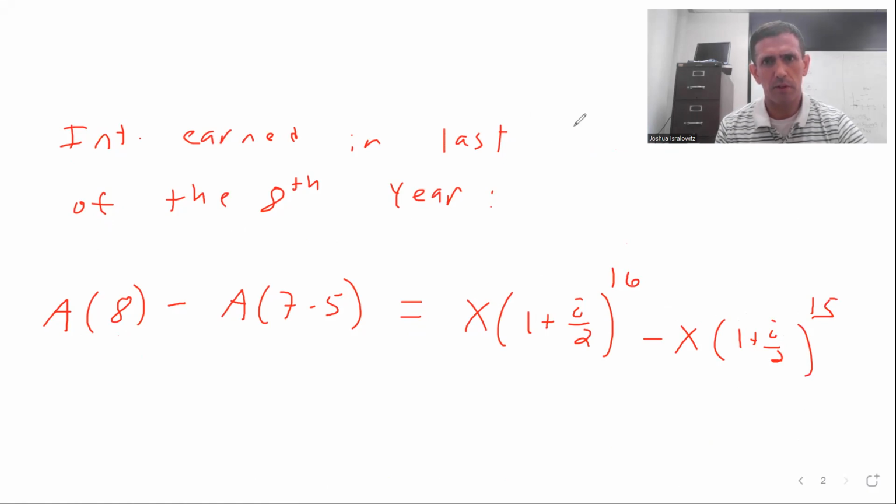Okay. So again, the interest earned in the last 6 months of the 8th year is how much more you have after 8 years versus after 7.5 years. So you just subtract the two. And well, you have 2 unknowns here, but what you could do is factor out an X times 1 plus I over 2 to the 15th.